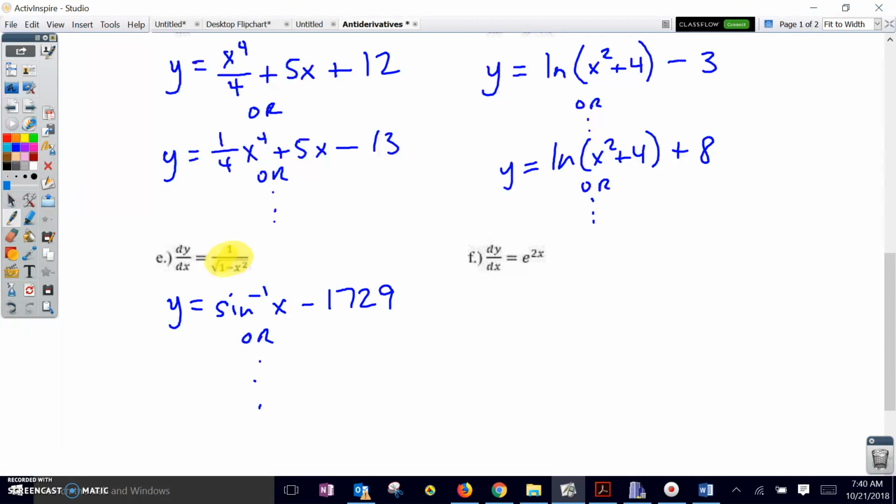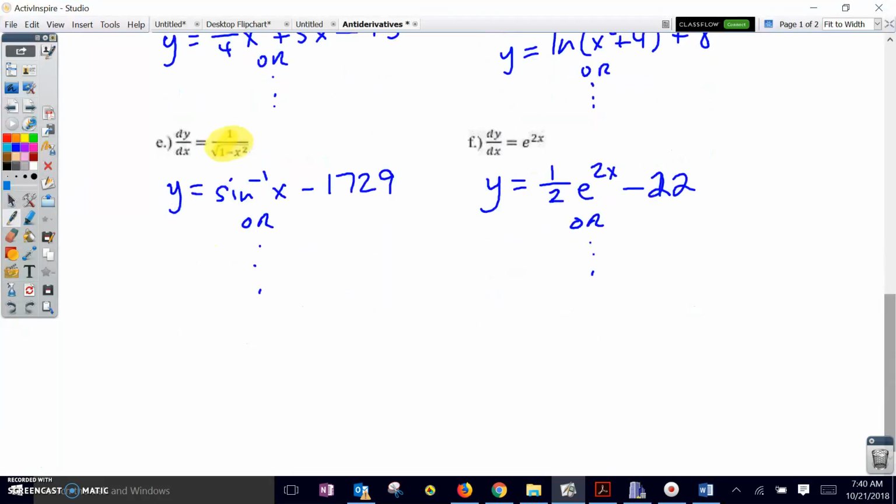And then the last one here, dy dx equals e to the 2x. The antiderivative of dy dx is y. The antiderivative of e to the 2x is going to end up being 1/2 e to the 2x, and any constant appended to the end. So there is a wide variety of options there. All right, that's the end of our first example.